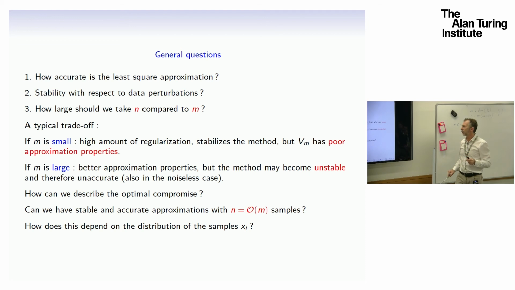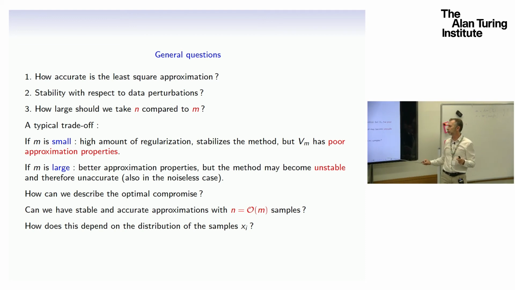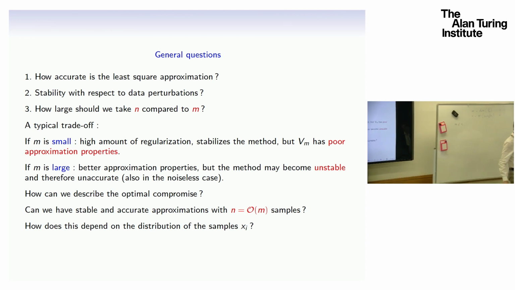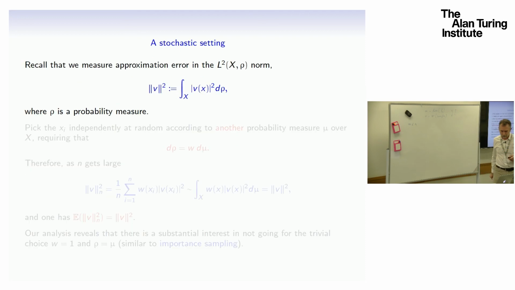And of course, ideally, what would we like? We would like to have a stable and accurate approximation with a number of samples that does not exceed too much the dimension m, right? This would be the optimal situation. And the question is, how is this going to depend on the distribution that we are going to choose?